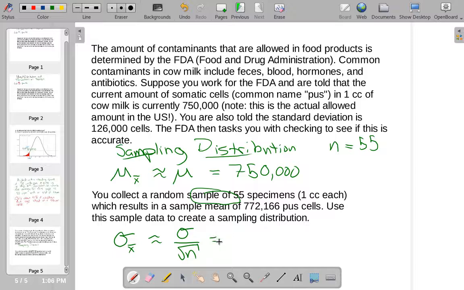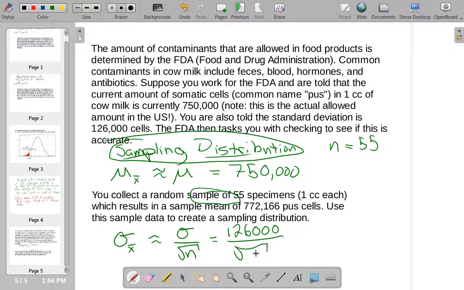So in this case, to answer questions about this, I need to adjust the standard deviation because I am playing with a sampling distribution. So I take the population standard deviation, 126,000, and I divide it by the square root of 55, and let's seek a calculator for that.